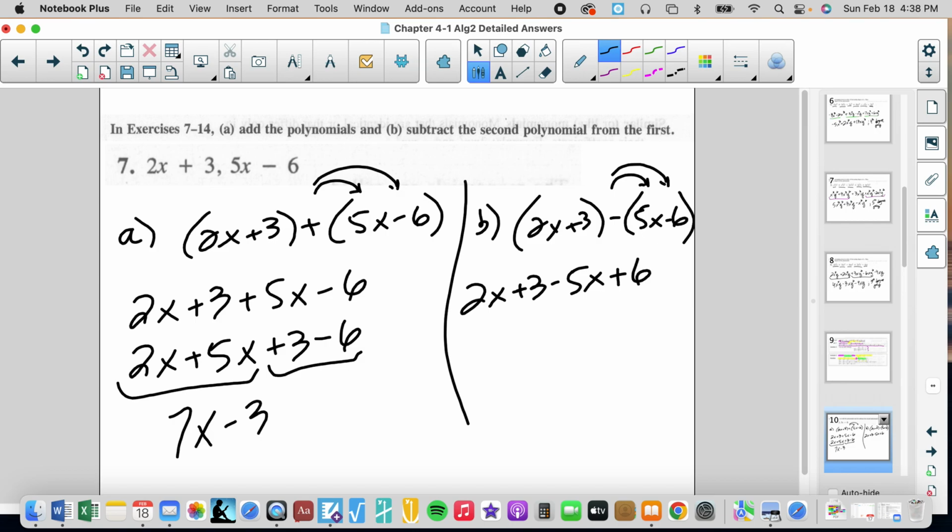So it was a positive 5x, it's now a negative 5x. It was a negative 6, now it's a positive 6. And then we're going to rewrite them with like terms next to each other. We get negative 3x plus 9. And I think that is all it's asking for. It's not asking for anything more than that.